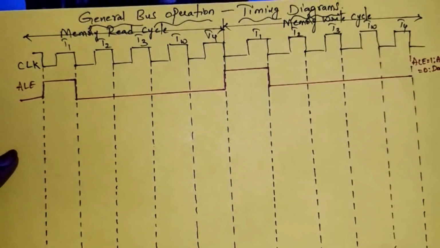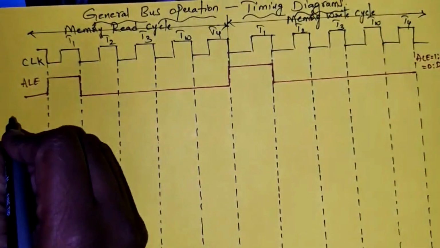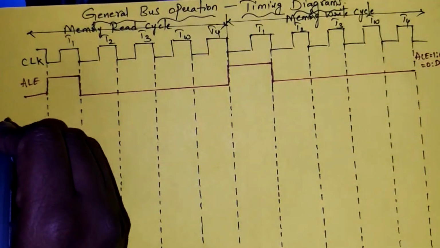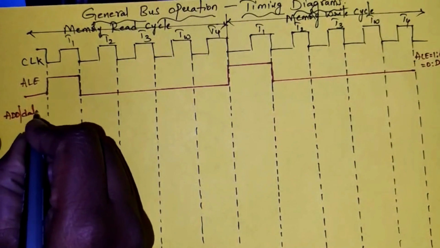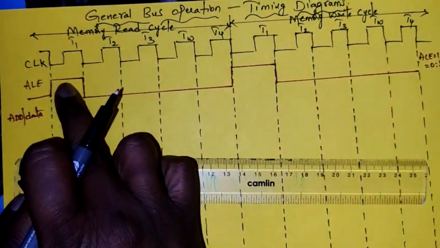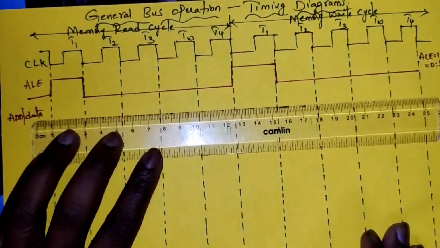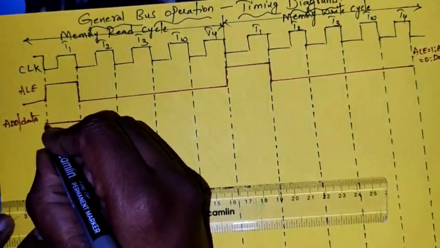Now we will draw the multiplexed lines of address as well as the data. First we take the timing diagram for the address as well as for data. During ALE 1, here the address bus will be active.